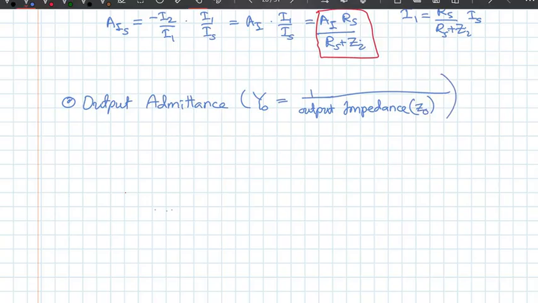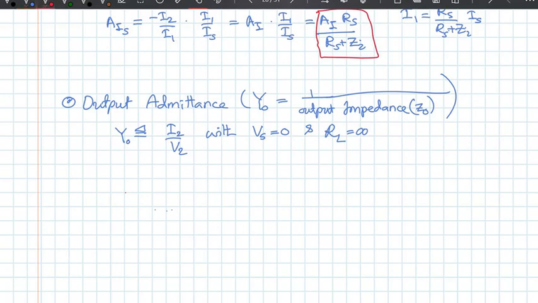Let me define it. Yout is defined as I2 divided by V2, but under special circumstances, with the source short circuited and no load, RL equals infinity.